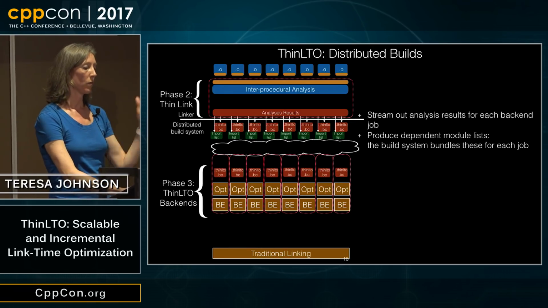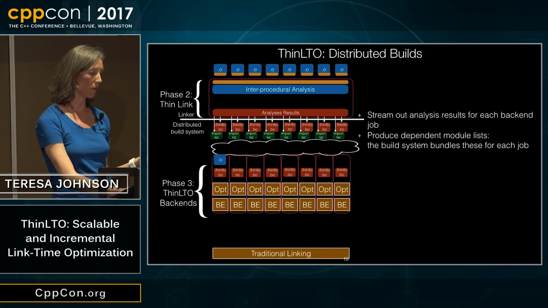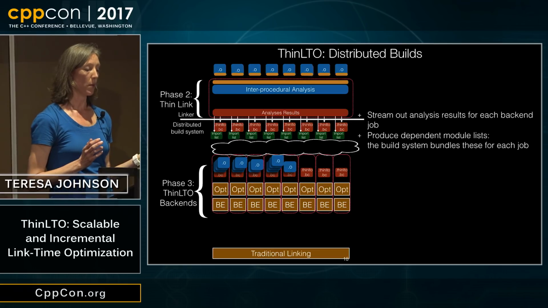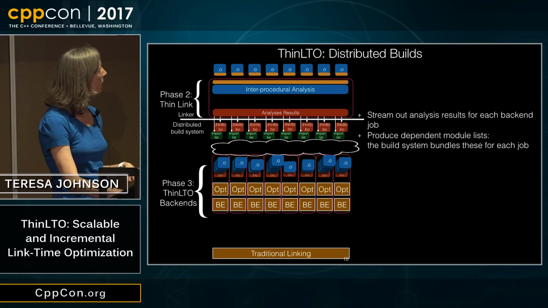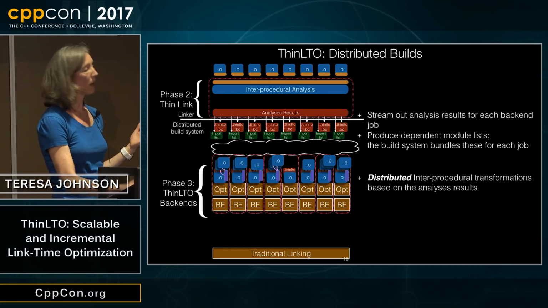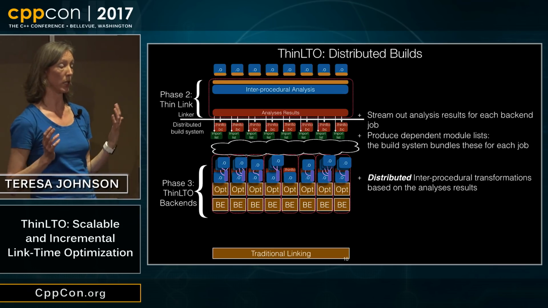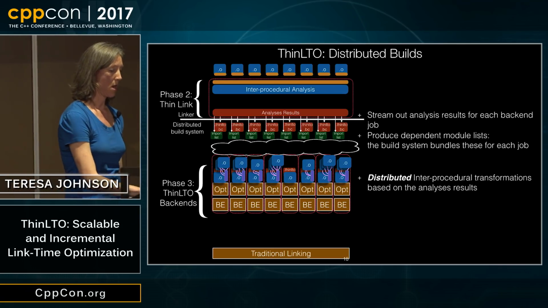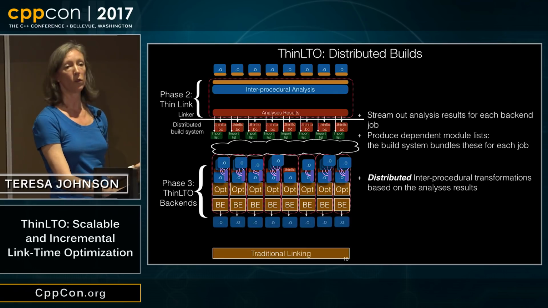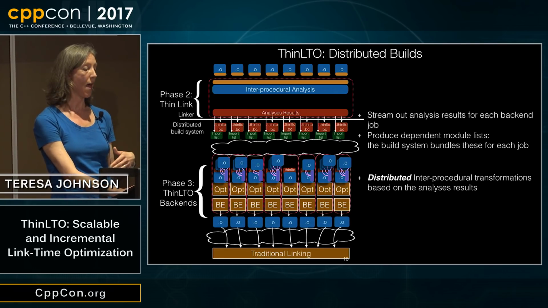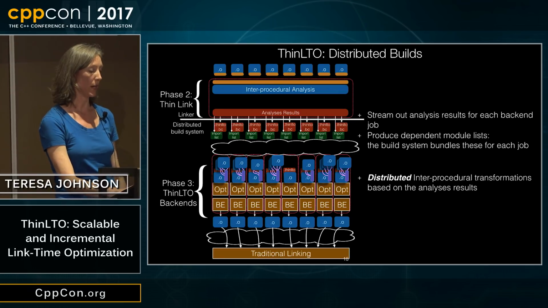And so now you can fire off these backend jobs and send off the analysis results, all of the IR object files that it needs. And now the interprocedural analysis can go ahead and proceed in parallel in a completely distributed fashion. And each of these jobs generates a .o file with native code, native object, and that is fed to another job which does the actual final native link.